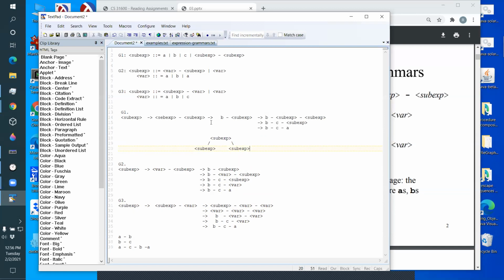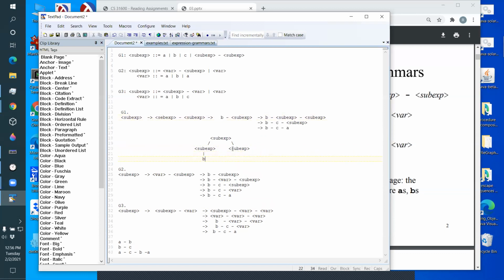That left branch expanded to just a B. But the right branch expanded to, I'm sorry, I forgot the minus signs.